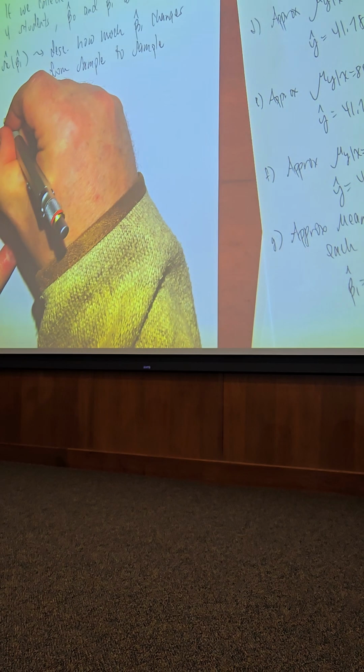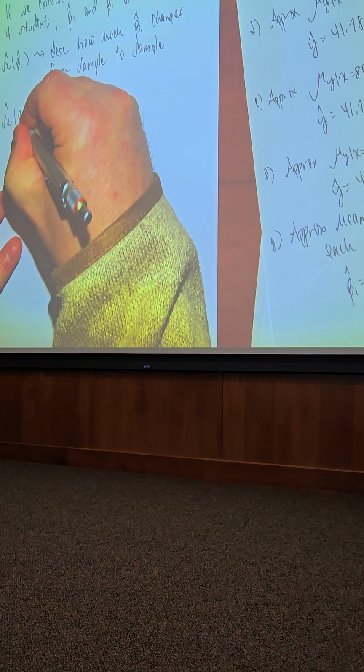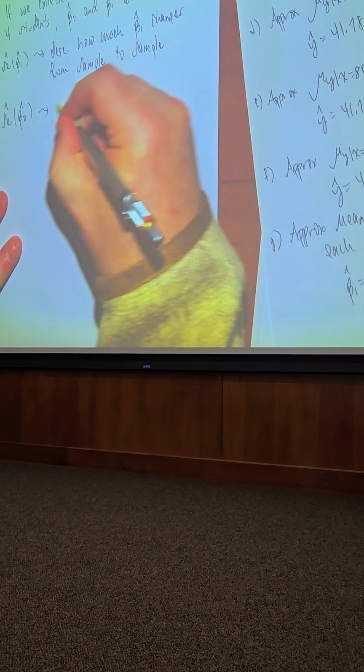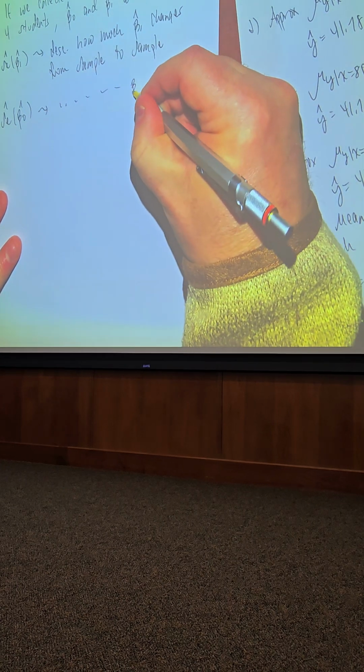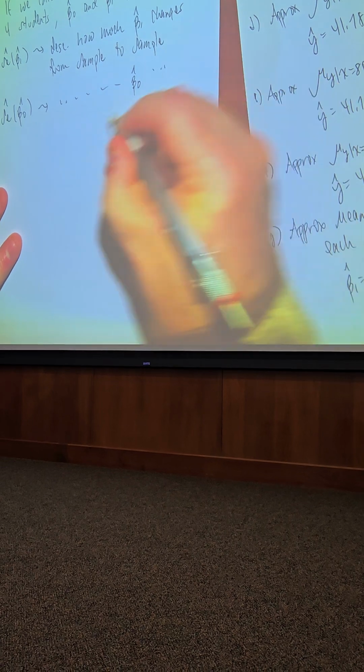And the estimated standard error of beta 0 hat describes how much the beta 0 hats change from sample to sample.